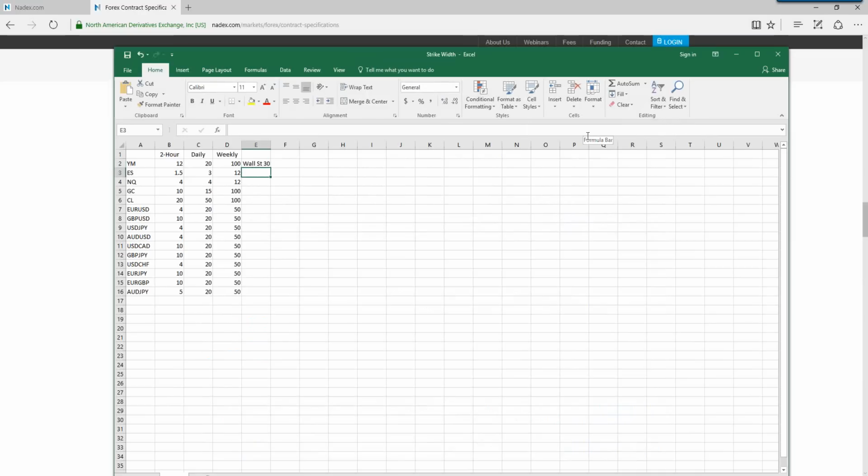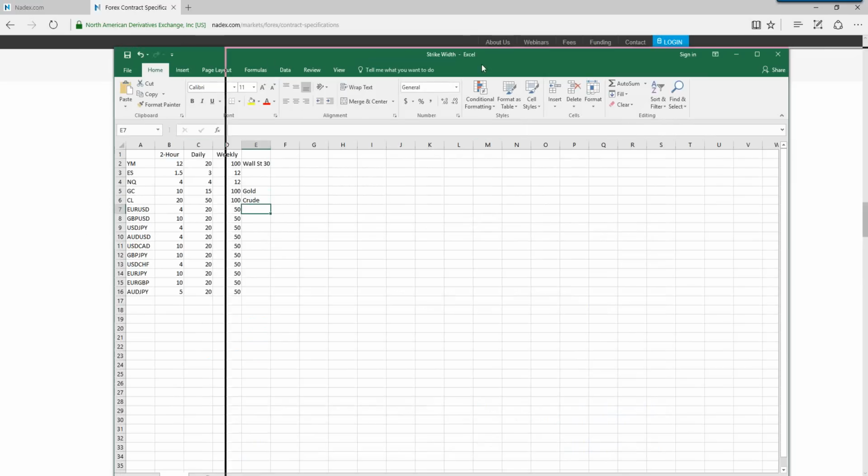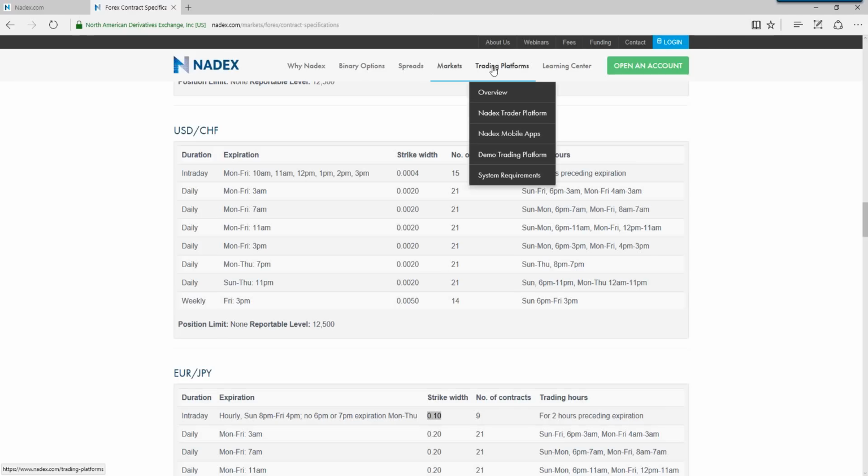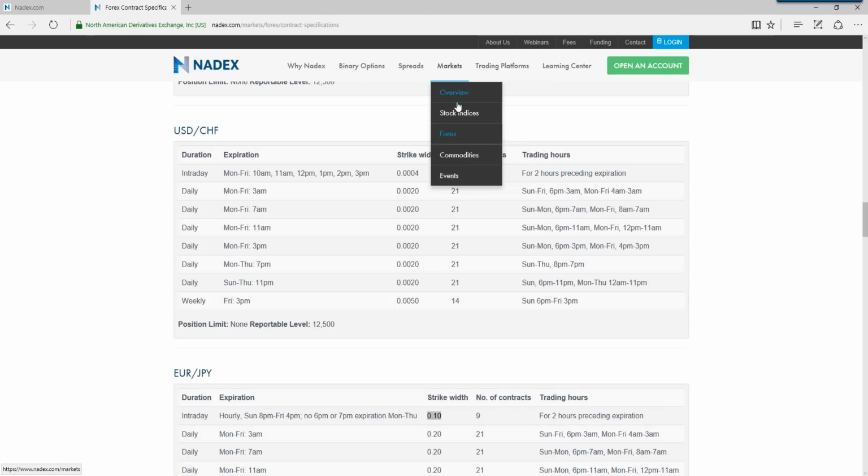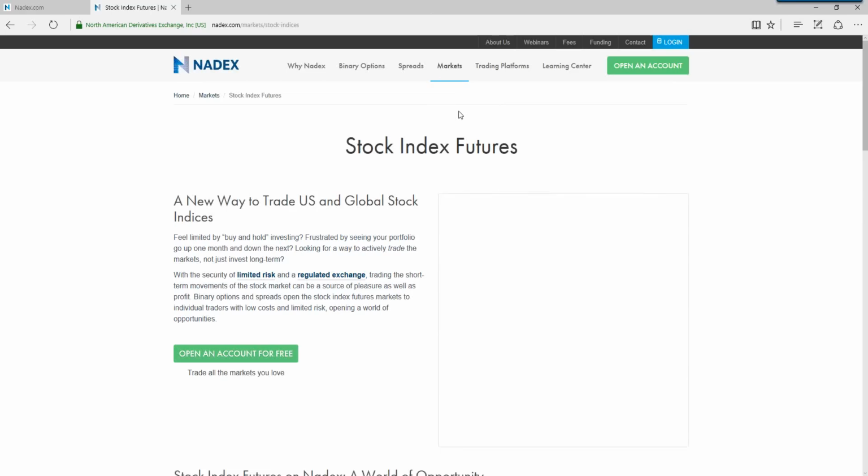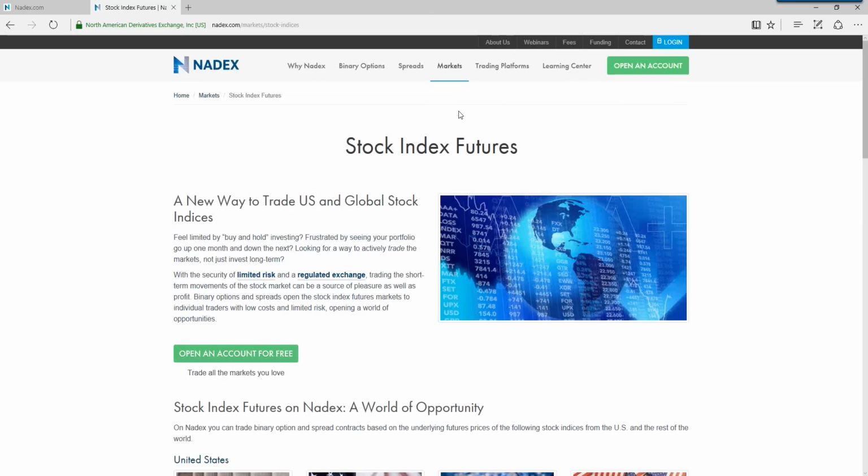From gold all the way down, for example, GC is gold, CL would be crude, and then these are your Forex symbols. This goes back to asking what am I trying to learn to do? You're trying to learn to trade.